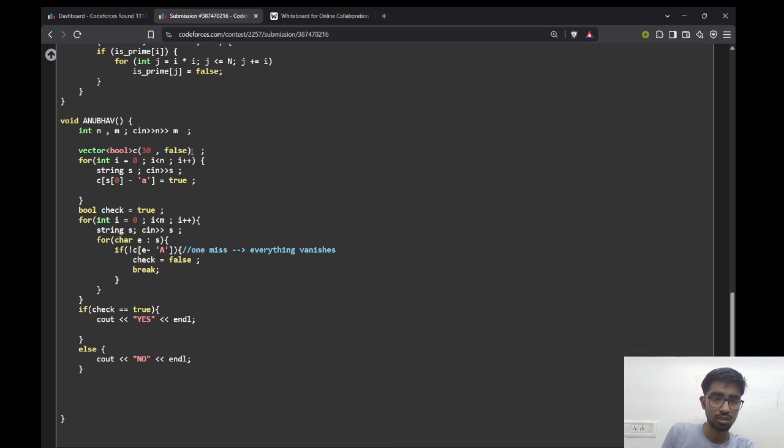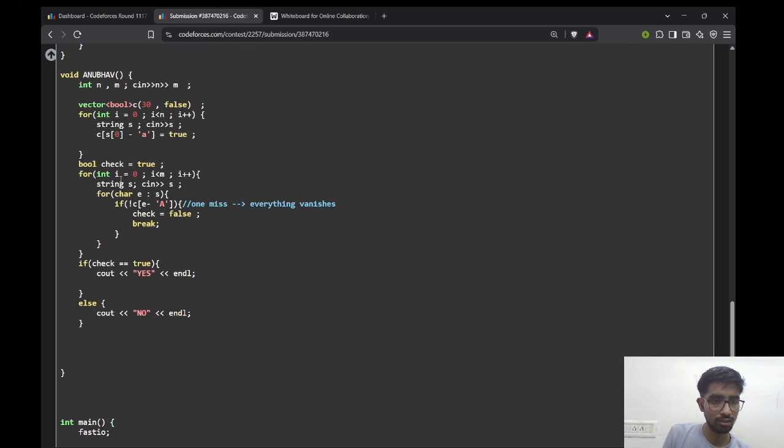So then we will be storing everything as false. And as we move towards taking the inputs, like the words that were given to us, we'll be marking each first letter as true in the vector, converting the first letter of the word into a capital letter. Fine.